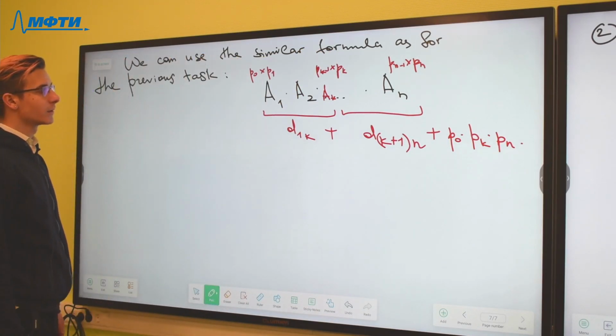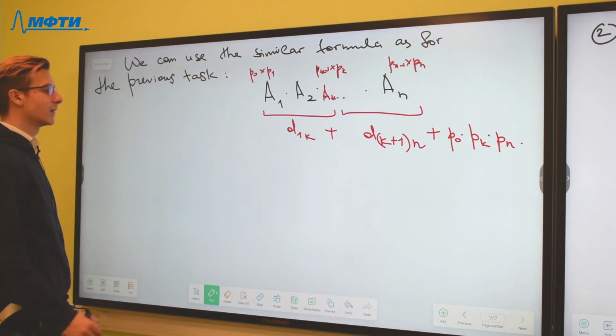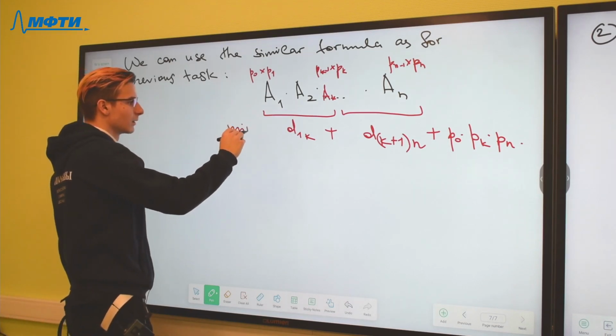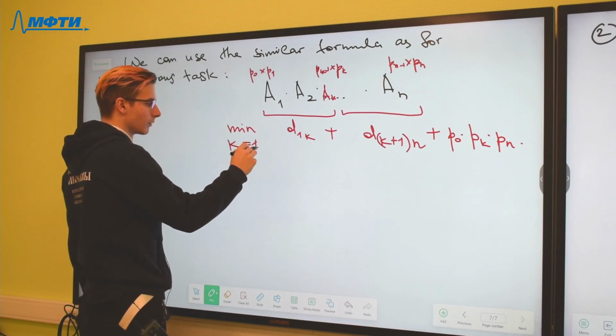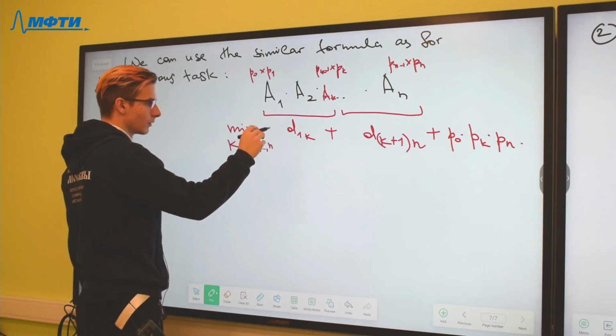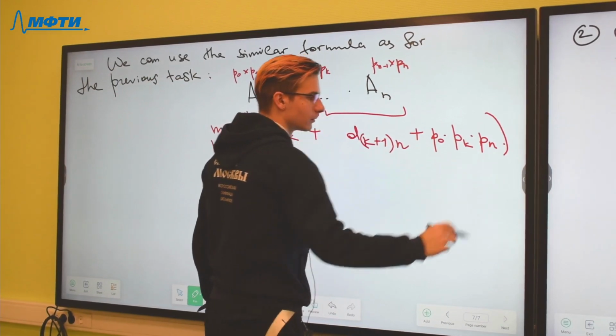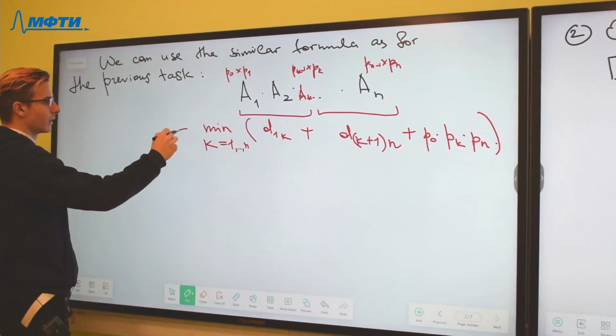And of course, if we want to minimize our time complexity, we need to find the minimum of these numbers. It is the answer.